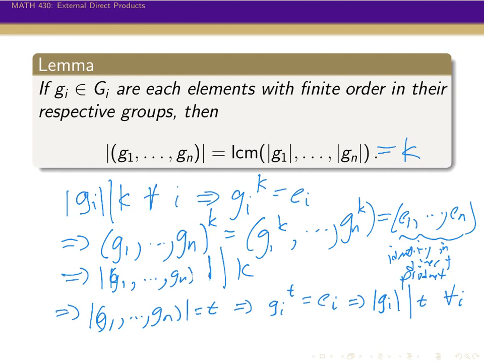Since the order of g_i divides the order of the element in the direct product for every component, T has to be a multiple of all of these orders.